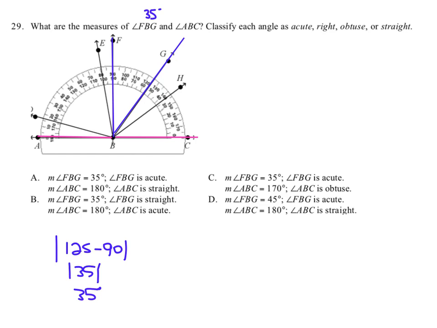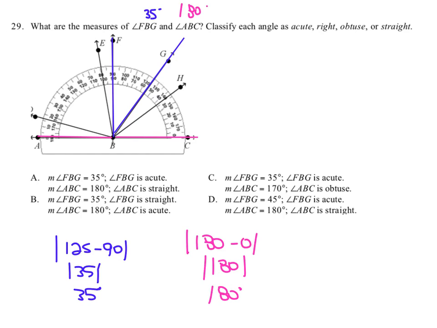And 180 minus 0 is 180. Okay? So, and I can write that down for you if that's helpful. Absolute value of 180 minus 0, or the absolute value of 180, which is just 180. Okay? 180.